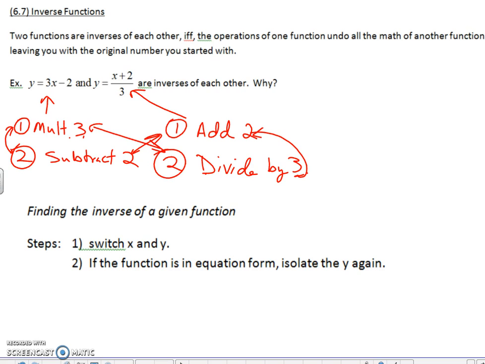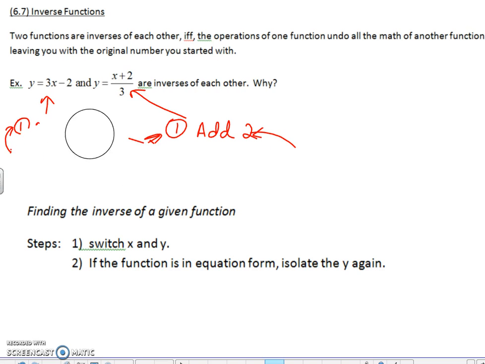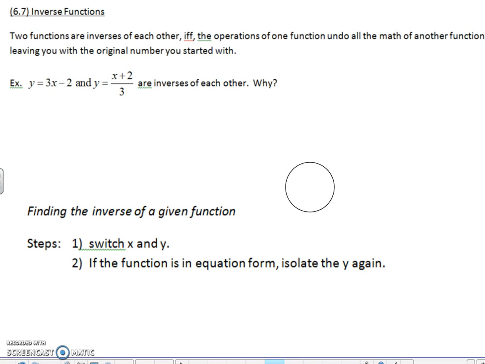All right? So if you're really kind of good at math and doing stuff in your head, if you gave me any linear equation, I could probably find the inverse pretty fast. Young lady in the back, give me a linear function in y equals mx plus b form. Slope intercept. Y equals 4x plus 7. I like it. So I see the two math operations that I'm doing in this function.